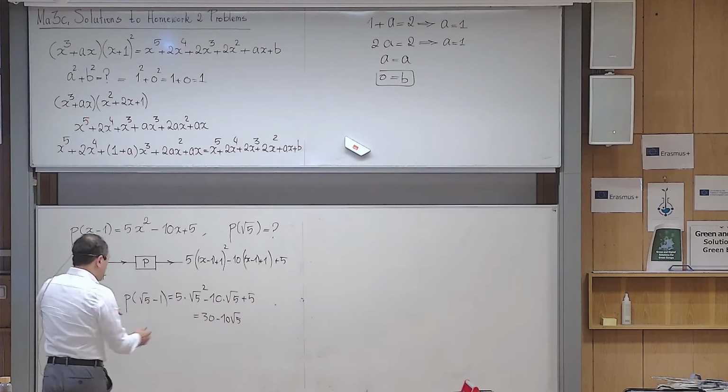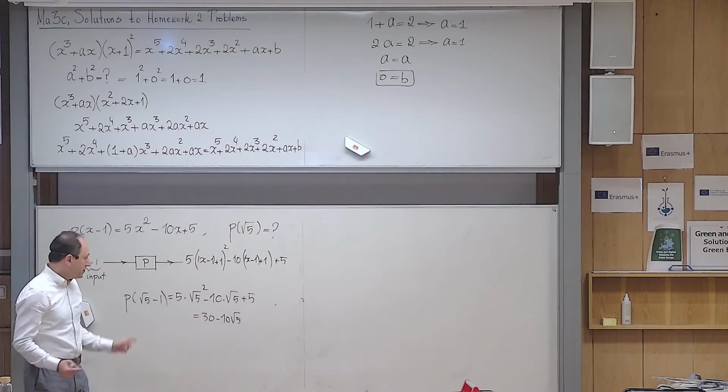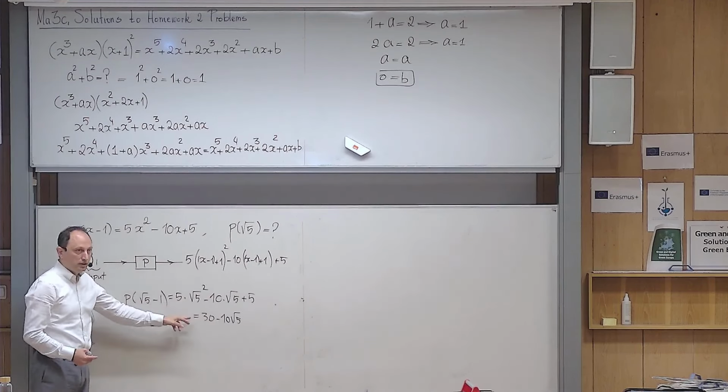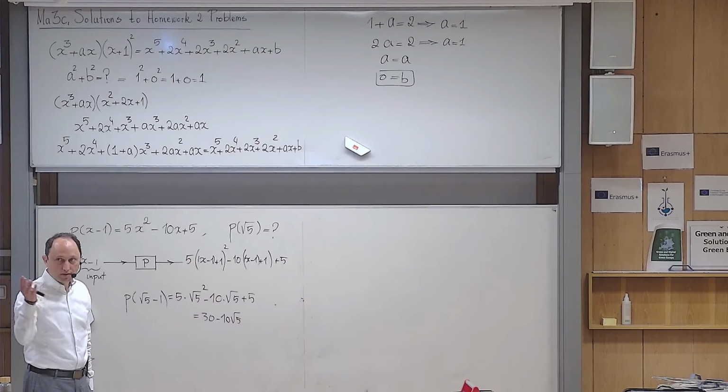So it is not hard to see, okay, if I send the square root of 5, I am in trouble. I want to send something in so that it will calculate p of the square root of 5. So instead of sending the square root of 5 in, what do you send in? Yes? Square root of 5 plus 1. Plus 1.